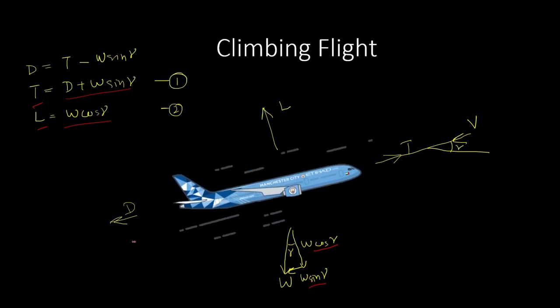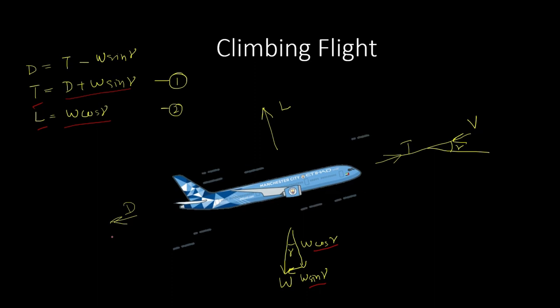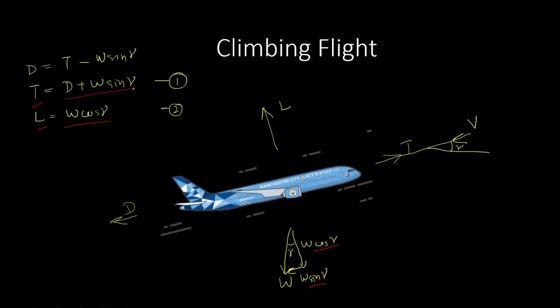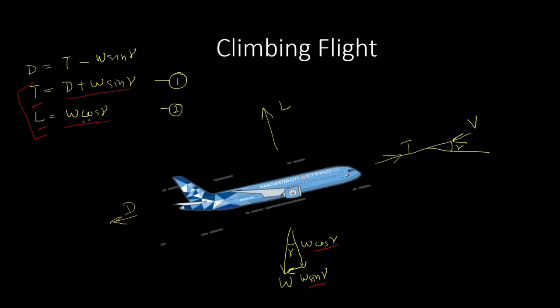Now equating in a plane perpendicular to the flight path, we get L is equal to W cos gamma. Equating the forces parallel to the flight path, we get T is equal to D plus W sin gamma. So these are the two equations that we get: T is equal to D plus W sin gamma, and L is equal to W cos gamma.